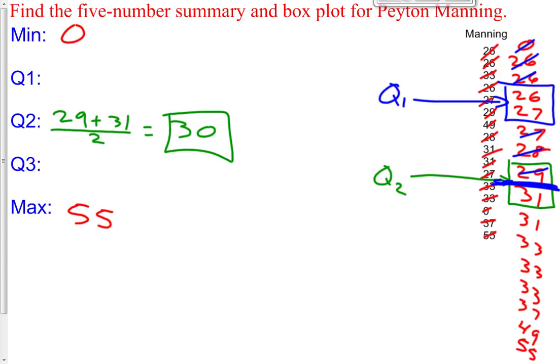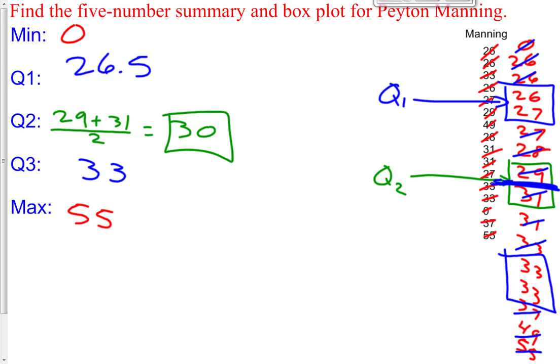So the average of those two would be 26.5. And then we'll do the exact same thing for Q3. So for Q3, we'll cross off 1, 2, 3 there, 1, 2, 3 here. It's the average of these two, which would just be 33. So there is the 5-number summary: min, max, Q1, Q2, Q3.